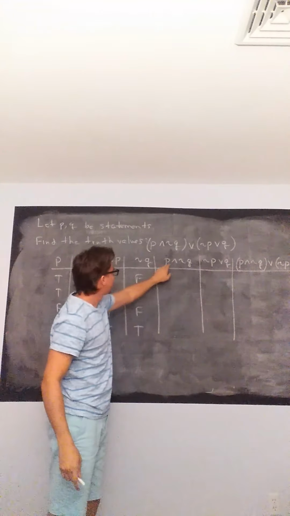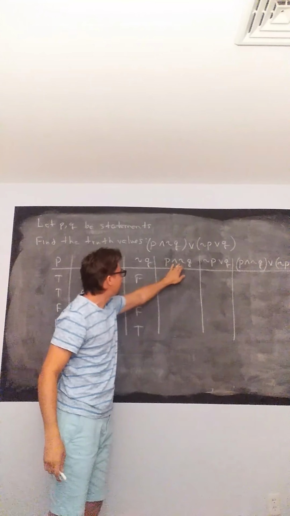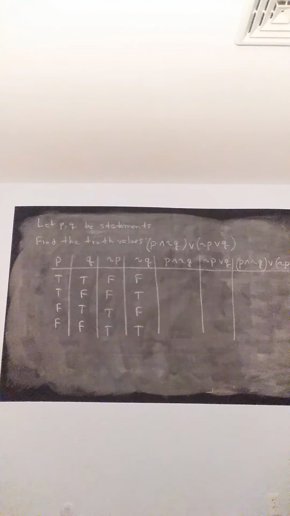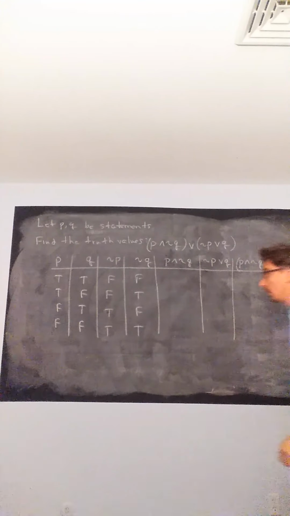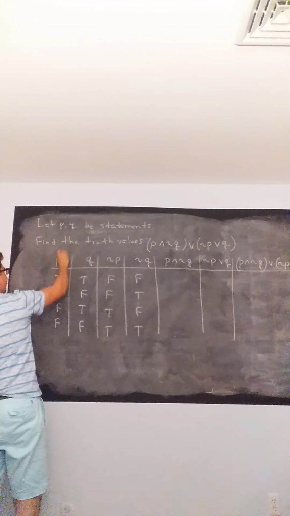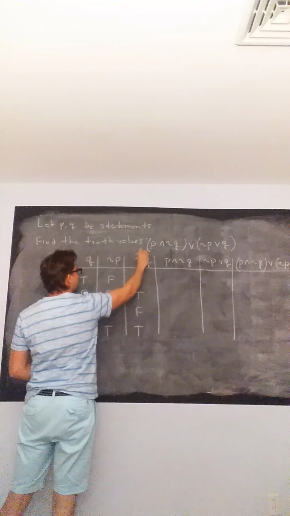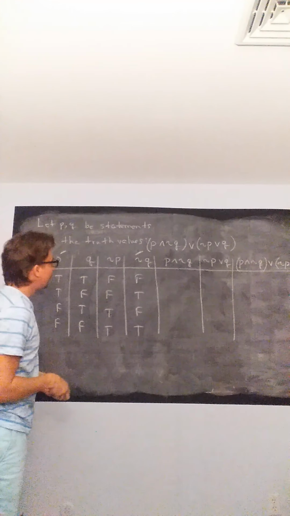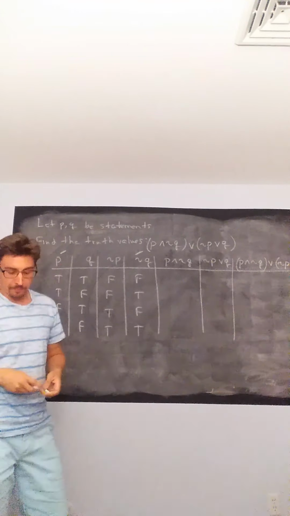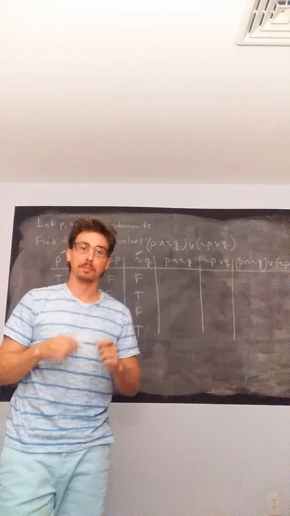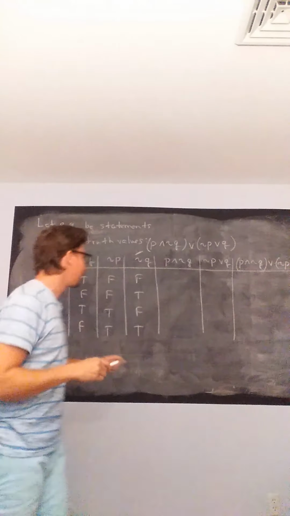Up next is this statement here, P and not Q. So let me get a different color chalk. For P and not Q, you're looking at this column and this column right here. So it's an and statement. Remember, when you're talking about and statements, the only time it can be true is when both of them are true simultaneously.